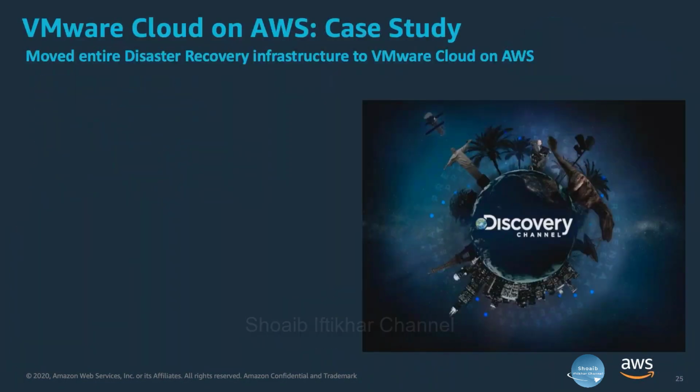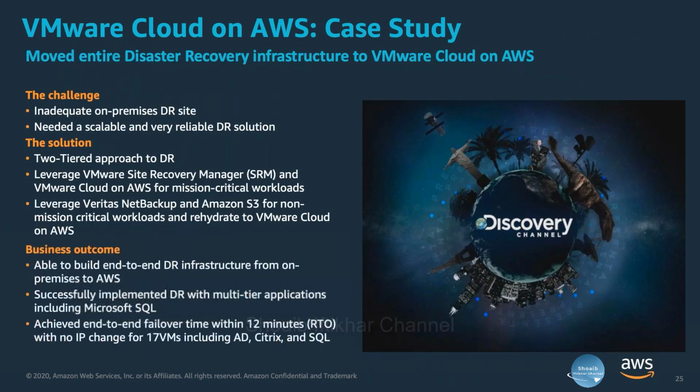So one case study that I'll show for you, let's see if I can get this to populate, is Discovery Channel. As you might imagine, they're a storage-heavy organization that needs to be up 24/7 by 365, and they moved their entire DR environment to VMware Cloud on AWS. They continued to use their Site Recovery Manager for orchestration, just like I mentioned before, and also they leveraged NetBackup to S3 for their non-mission critical workloads.